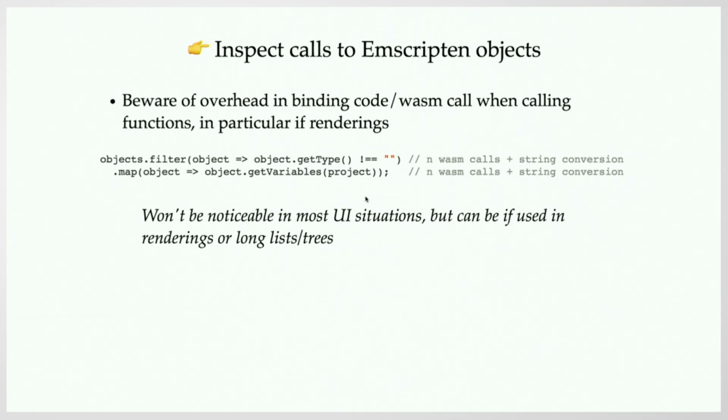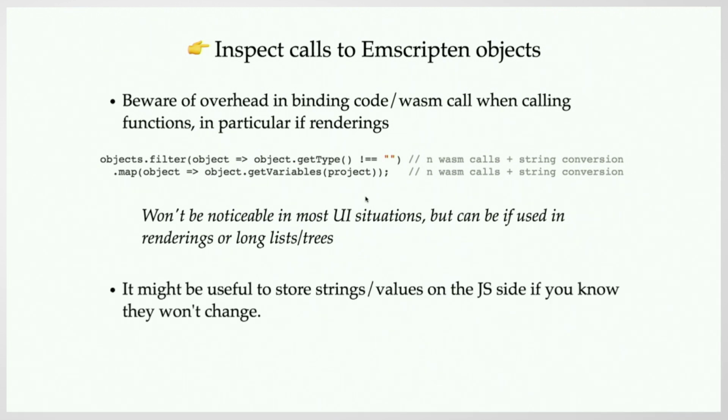That's a lot of things. Most of the time, you won't notice it in the UI, but still, it can be useful, if you're rendering long lists or trees, to store the values inside the JavaScript world so that you don't have to cross the bridge to the WebAssembly world.